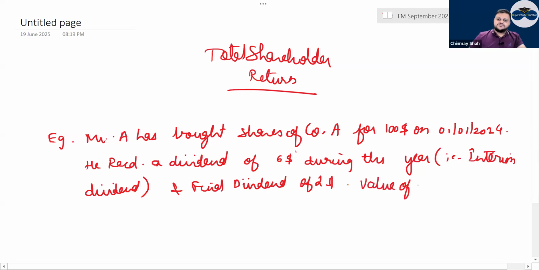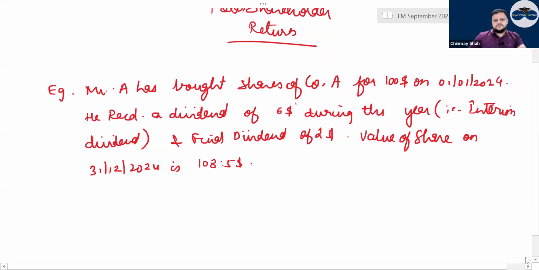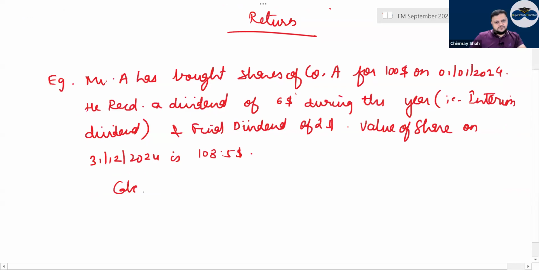Value of share on 31st December 2024 is $108.5. कैलकुलेट सबसे पहले टोटल डिविडेंड कितना है बोलो, how much is total dividend? $6 interim plus how much is final dividend? $2. कितना है टोटल डिविडेंड?